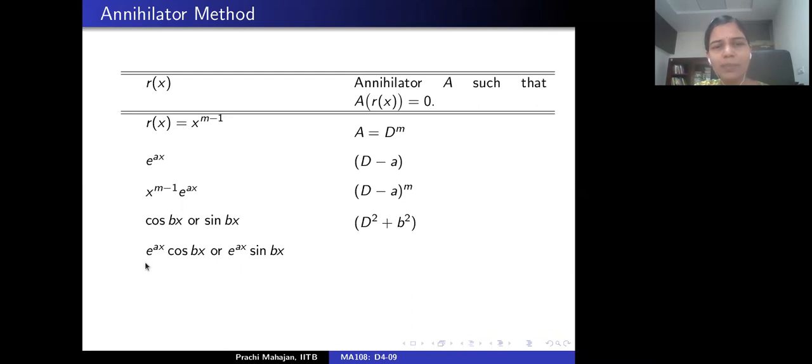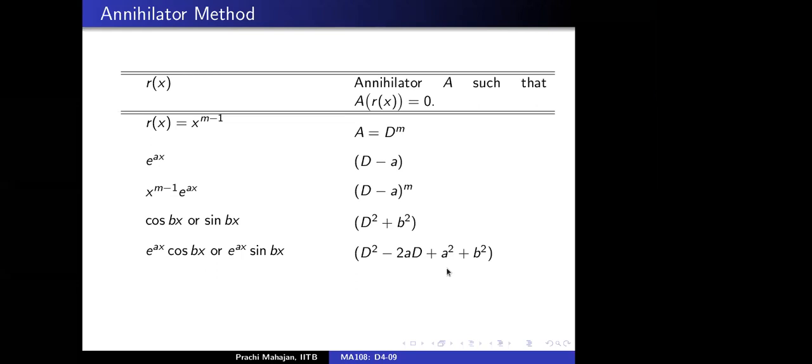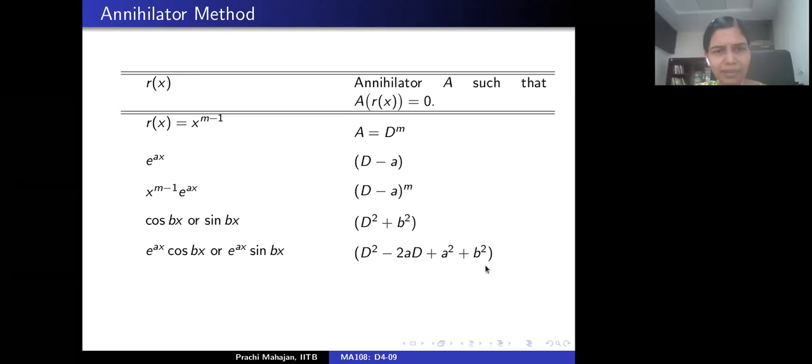These are coming from complex roots a plus i b, a minus i b, isn't it? Yes. So you should look at (D minus (a plus i b)) (D minus (a minus i b)), which is exactly D square minus 2aD plus a square plus b square. Is that okay? Everybody with me? Yes.